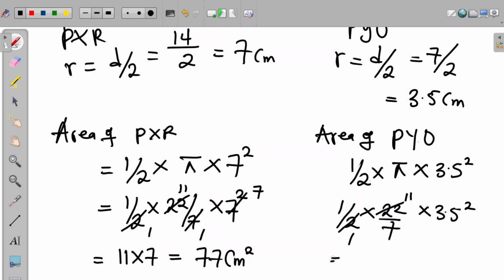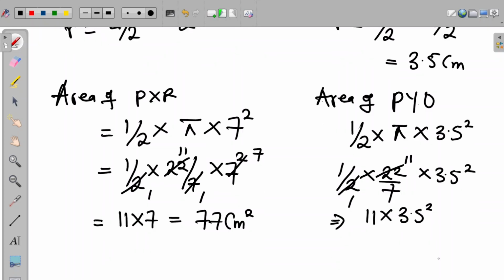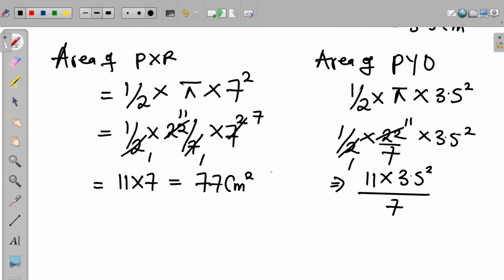So we have that the equation becomes 11 times 3.5 squared divided by 7. So thus, our area is equal to 19.25 cm squared. So we have obtained the area of the bigger semicircle, which is PSR, and also obtained the area of the smaller semicircle, which is PYO.